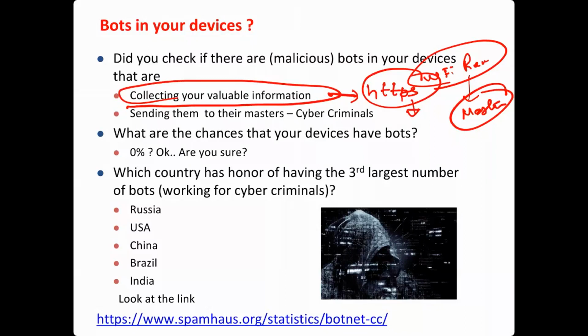Even if you're using HTTPS, do you think the malware or bot in the Wi-Fi router can still get a lot of information? Yes, it can see a lot of things that you are doing. It can see whether there is a Wi-Fi camera and what devices are connected. Most of this information is non-encrypted.